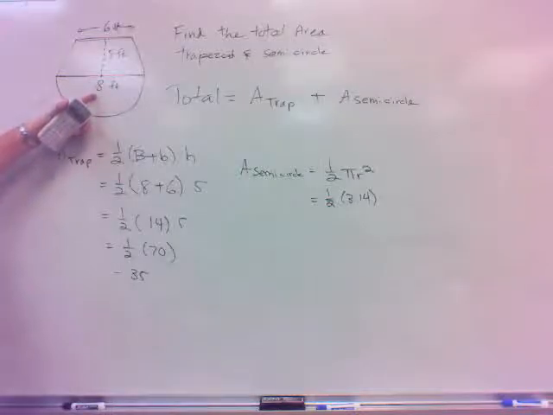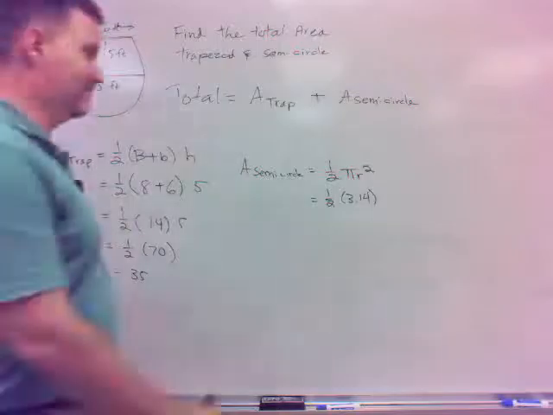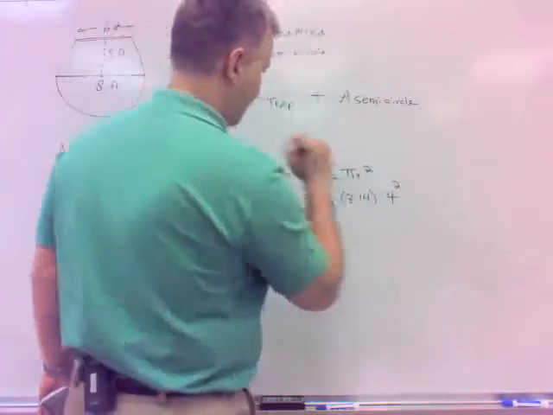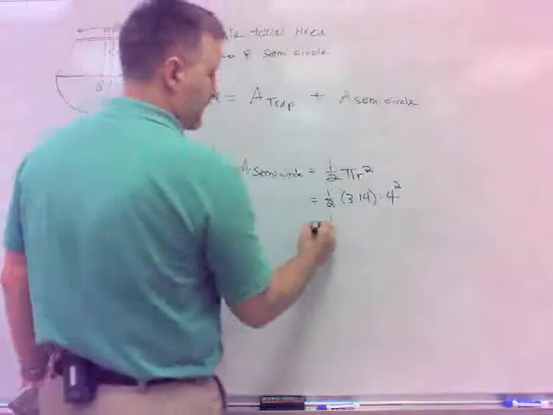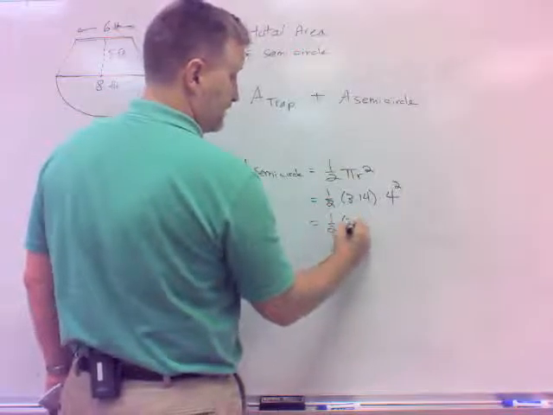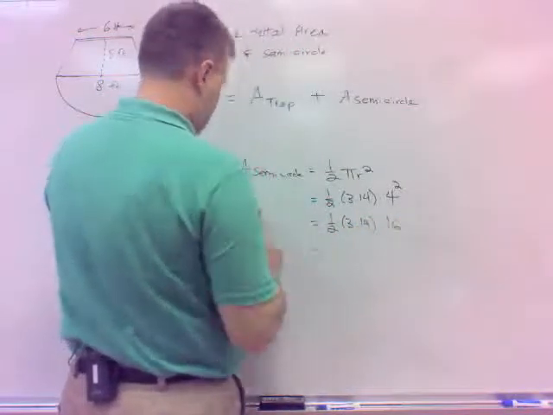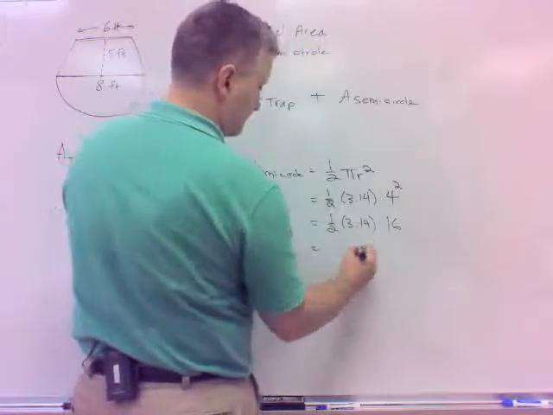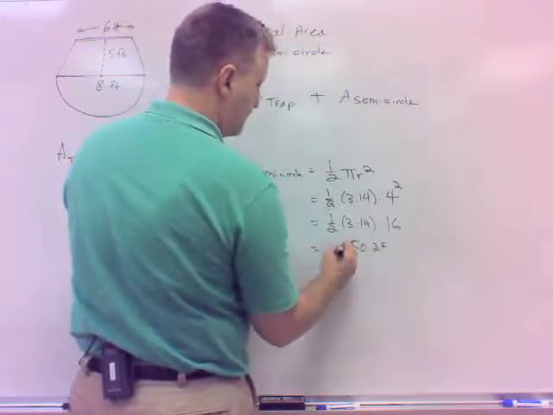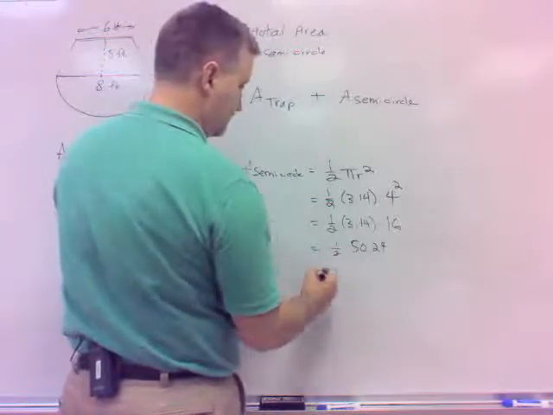It's not 8. 8's all the way across. Half of 8, 4. So it'd be 4 squared. So it's 1/2 times 3.14 times 16. 3.14 times 16 is 50.24. Half of that, 25.12.